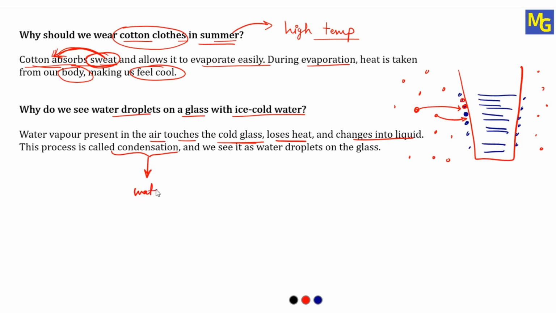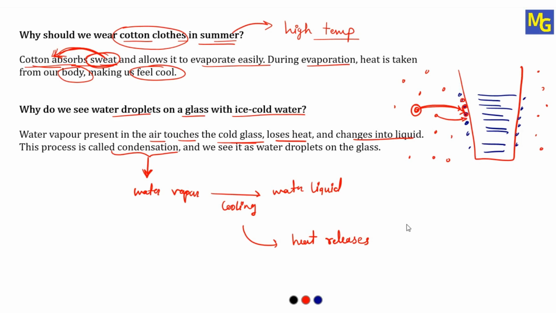Conversion of water vapor to liquid water. This happens by cooling, by decreasing the temperature. When water vapor comes in contact with the cold temperature, it becomes liquid, and during this process heat is released. Remember, heat is released.